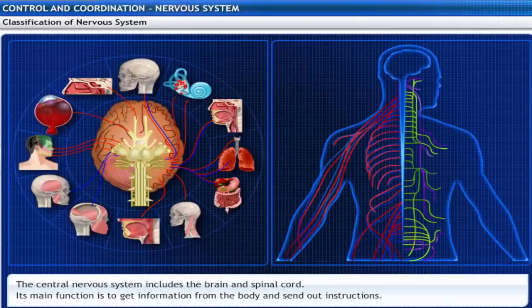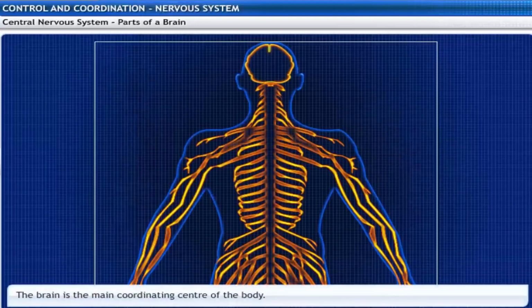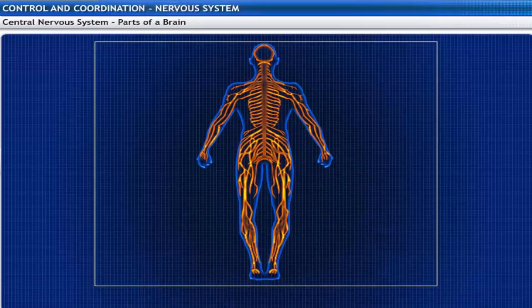Its main function is to get information from the body and send out instructions. Let's discuss the brain in detail. The brain is the main coordinating center of the body. It is a relatively small organ and constitutes about 2% of our total body weight.